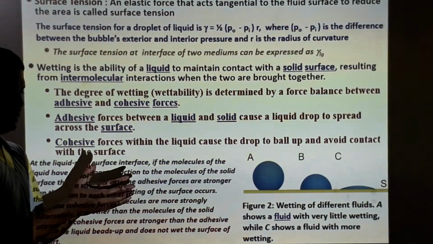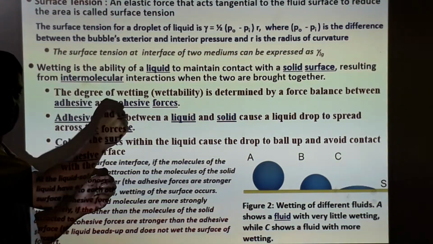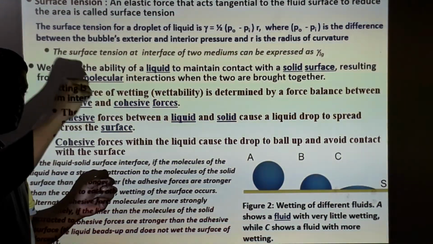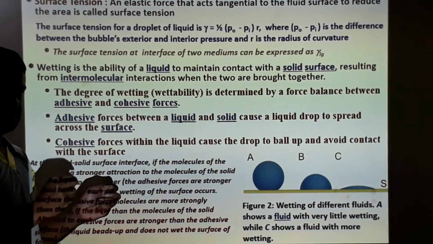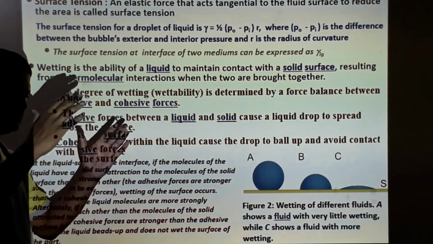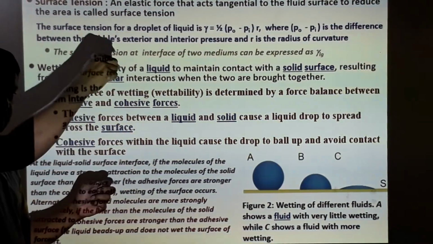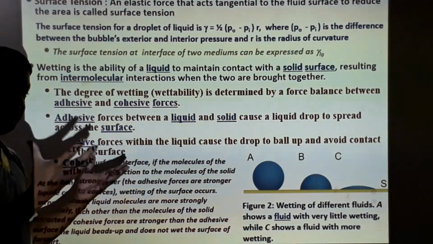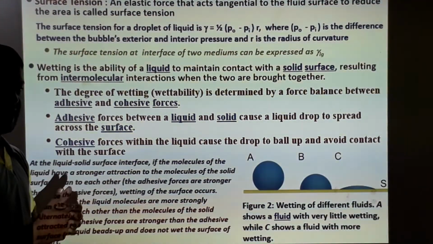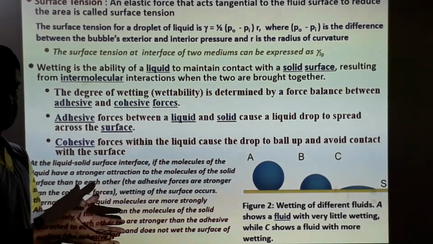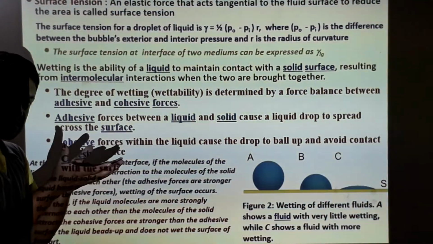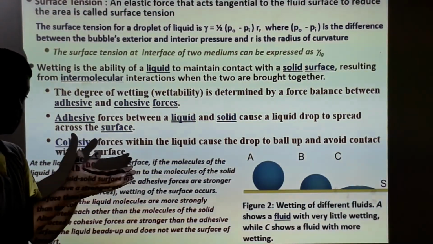If you press any part of the balloon, you will feel some kind of elastic forces acting on the surface of the balloon. That is called the surface tension.